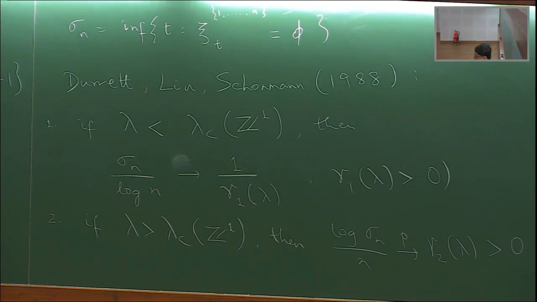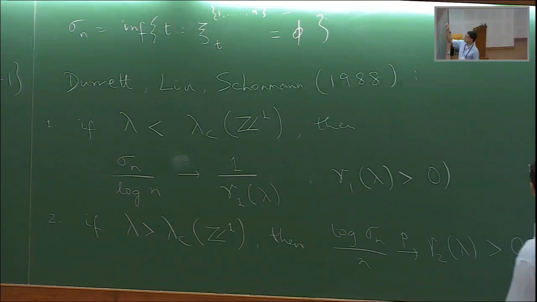I don't know if it's known whether the lifetime is polynomial at the critical value, but in one dimension it is. Okay, so this is the result for integer lattices. So are there versions of this also for other graphs?